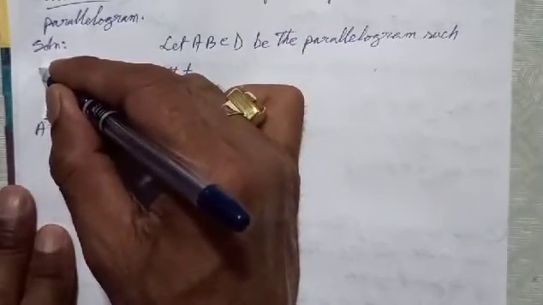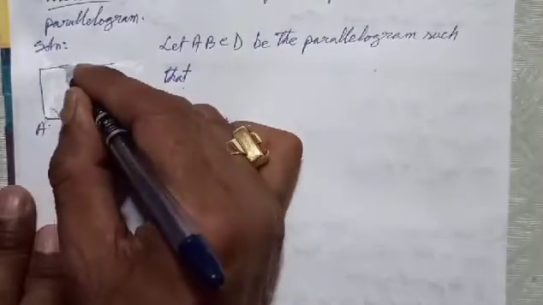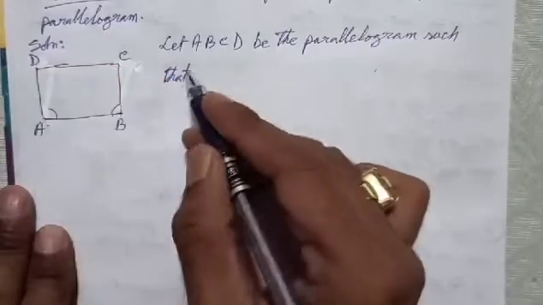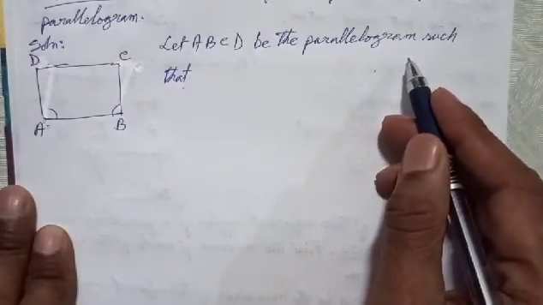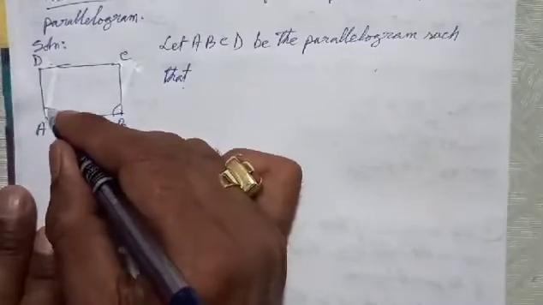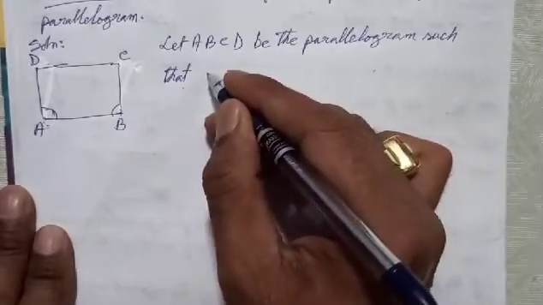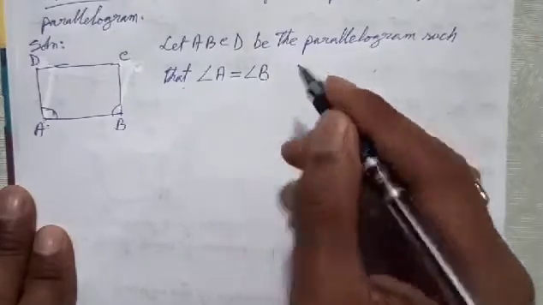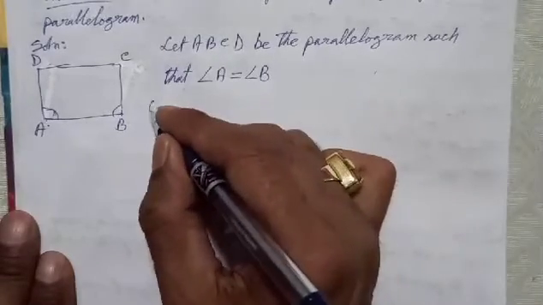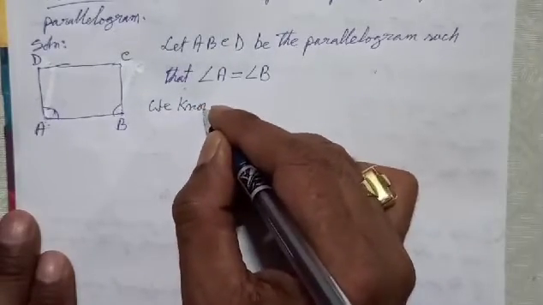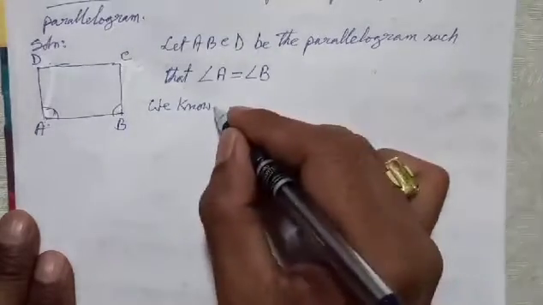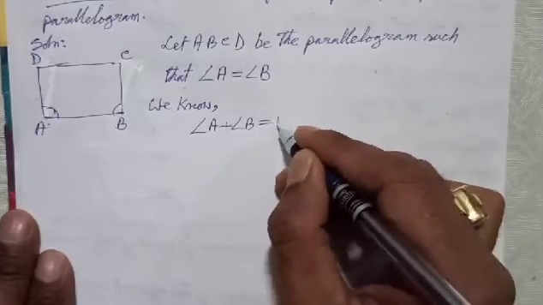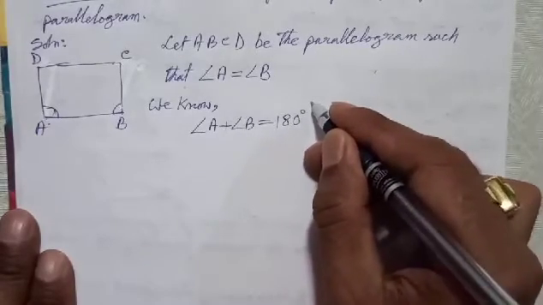So the figure must be like this. Let A, B, C, D be the parallelogram such that this angle A and angle B must be equal because they are adjacent angles. We know angle A plus angle B must be 180 degree because this is the property of a parallelogram.